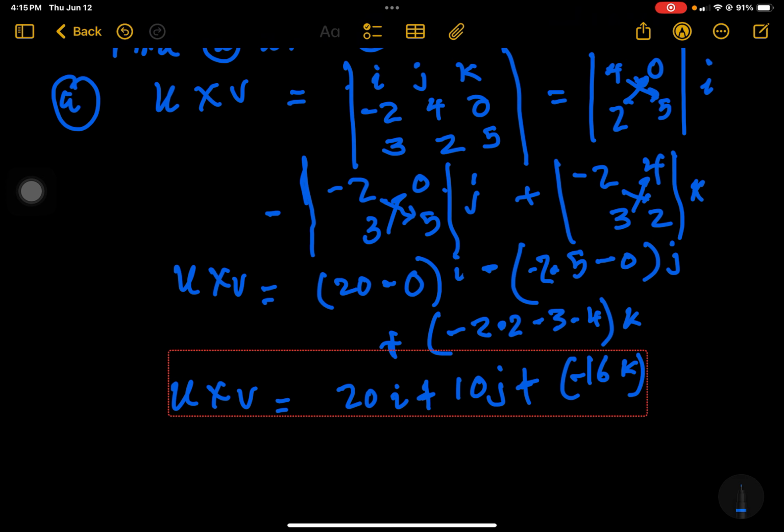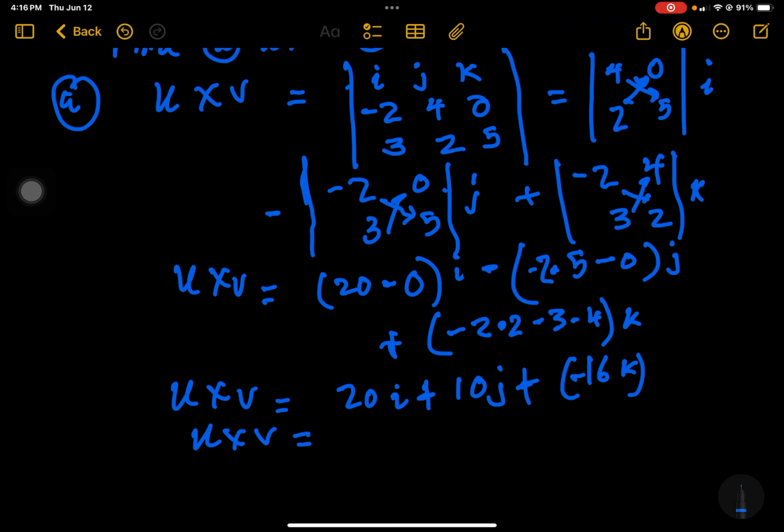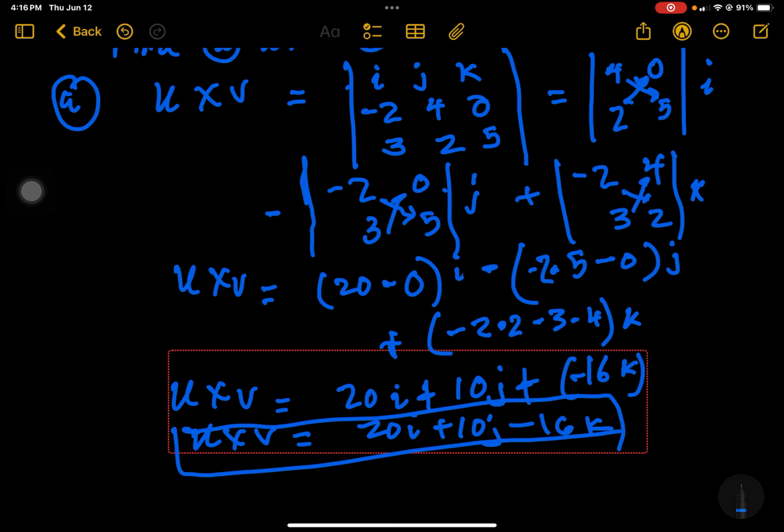Minus 2 times 2 is minus 4. Minus 3 times 4 is minus 12. Both are negative, so I add them. So the final answer is u cross v is 20i plus 10j minus 16k. That's our final answer for u cross v.